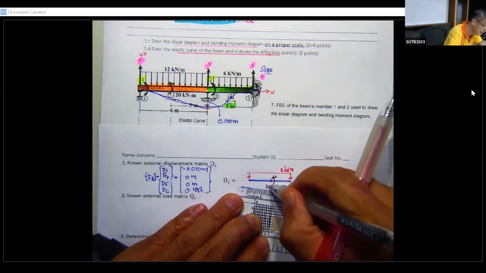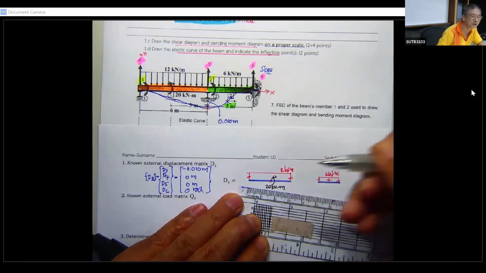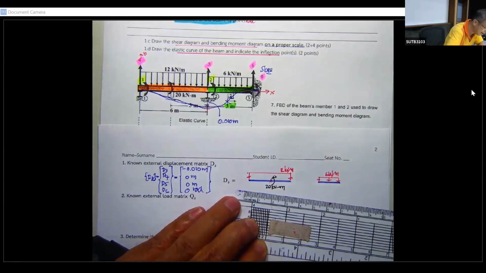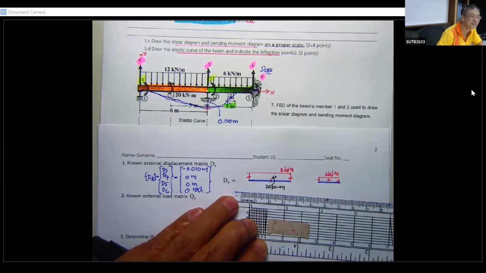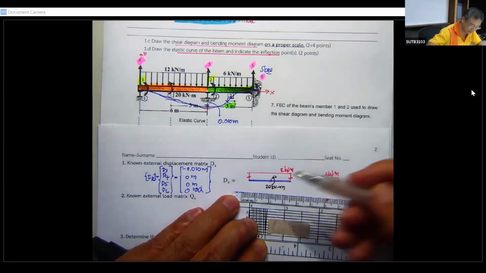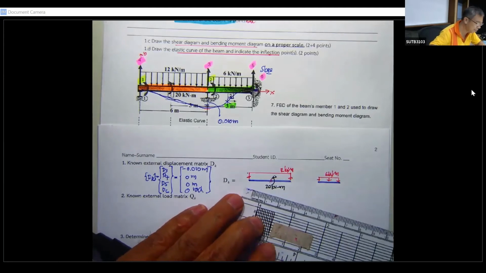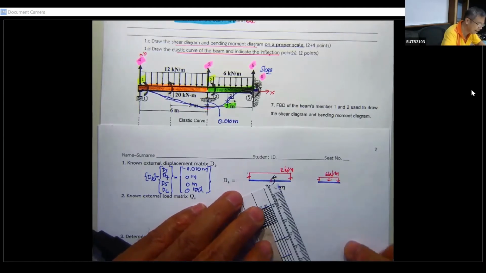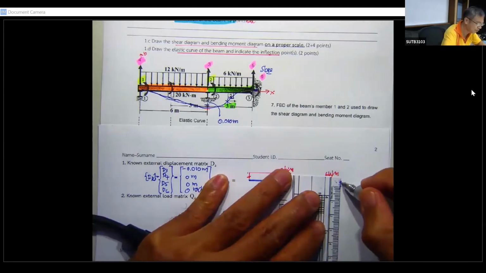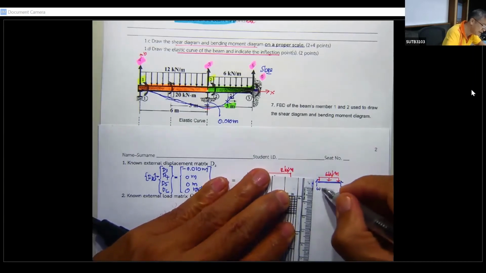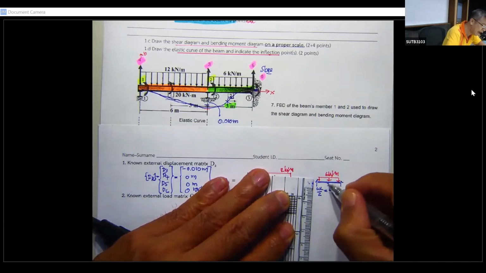I just put this moment at the middle of this beam. What happens for the first portion is going to be very simple. We're going to have this shear force, which is going to be WL over 2. This is going to be 6 times 3 meters divided by 2, which is 9 kilonewton. And then we also have the fixed end moment, WL square over 12.